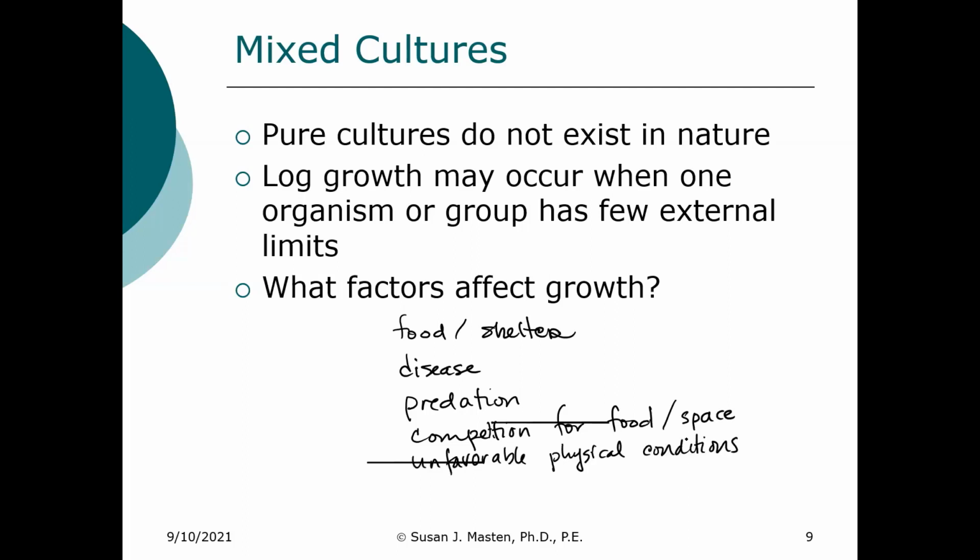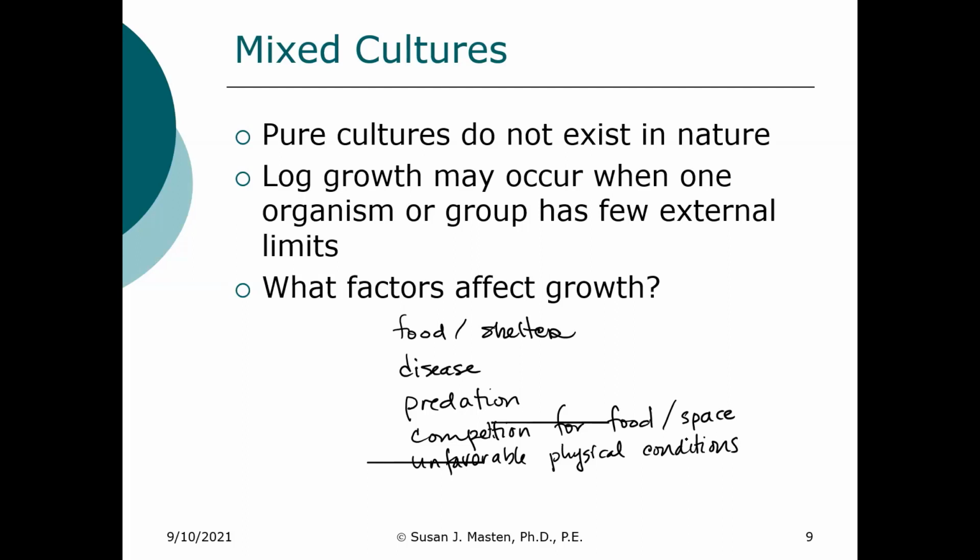For example, in a wastewater treatment plant, in an anaerobic digester, you have two different types of organisms. You have the acid forming organisms and you have the methanogens. And the methanogens are very, very susceptible to pH.